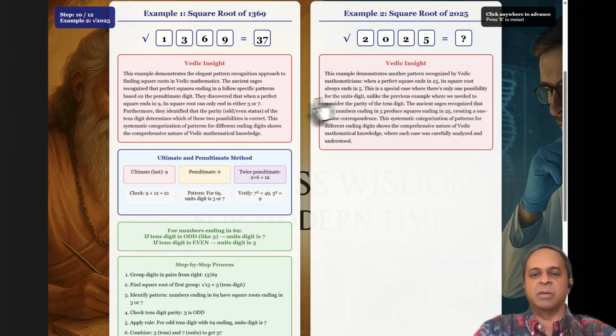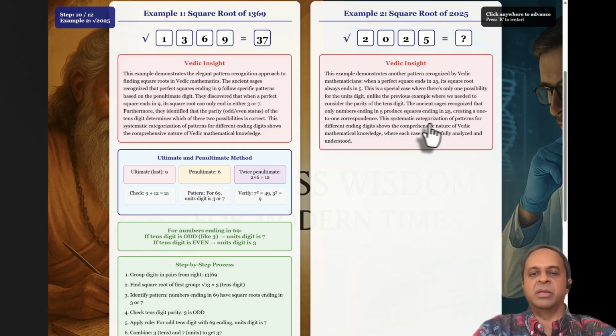Unlike the previous example where we needed to consider the parity of the tens digit, that was what we considered there. The ancient sages recognized that only numbers ending in 5 produce squares ending in 25, creating a one-to-one correspondence.